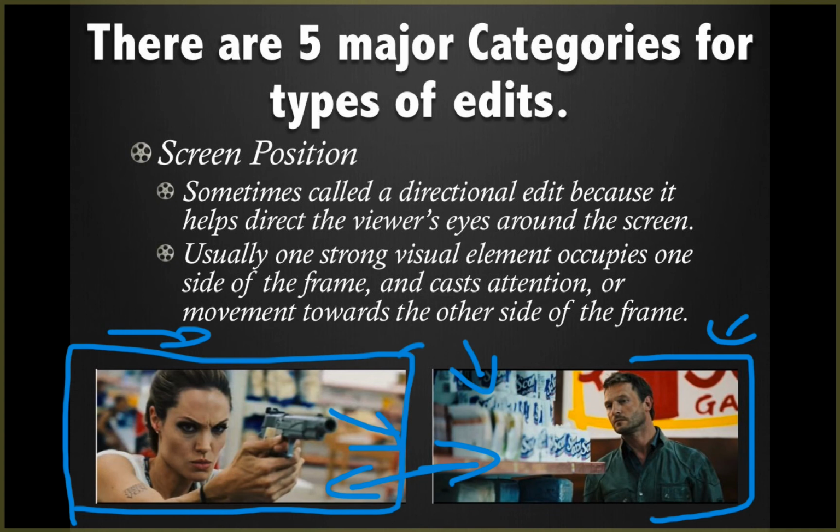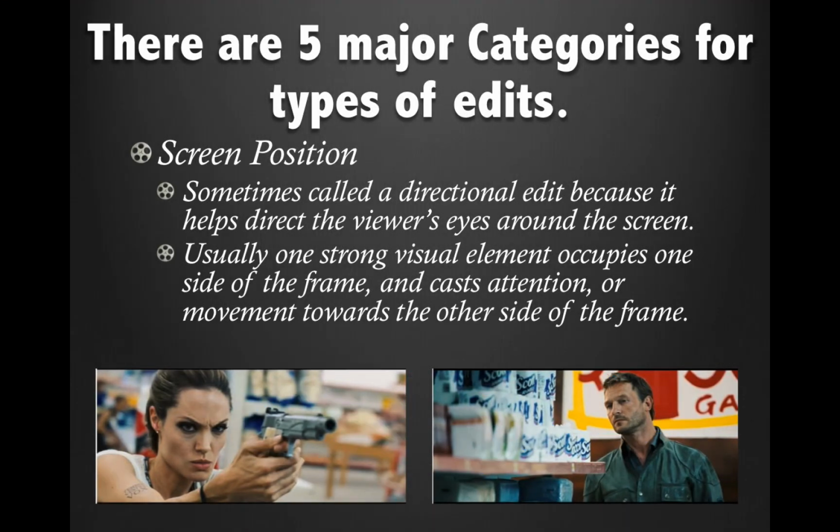You've got that gun right here. You've got a target right here. And everything visually is lining up to go towards him, and that gun is ready to be fired at this person. So you're making screen position, also sometimes called a directional edit, because you're trying to get your audience to really get a strong sense of how these characters relate to one another.